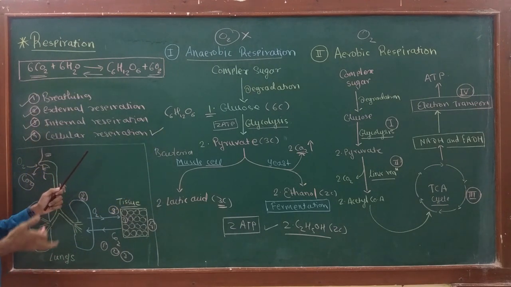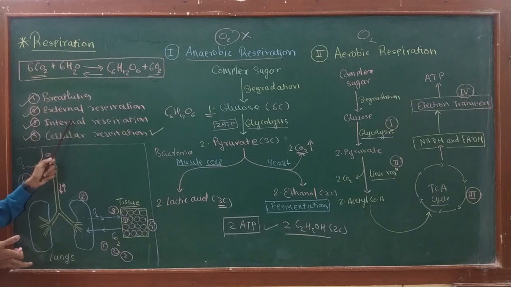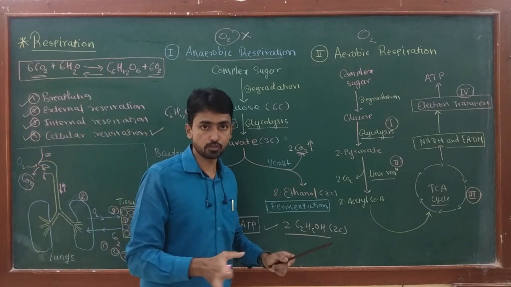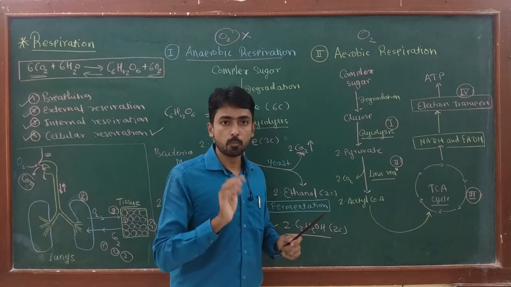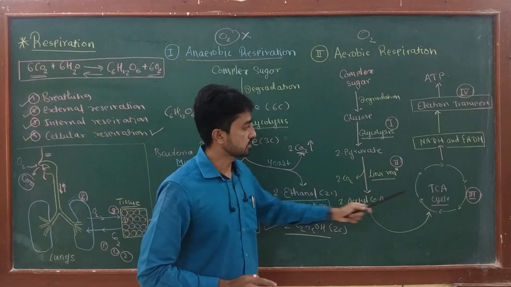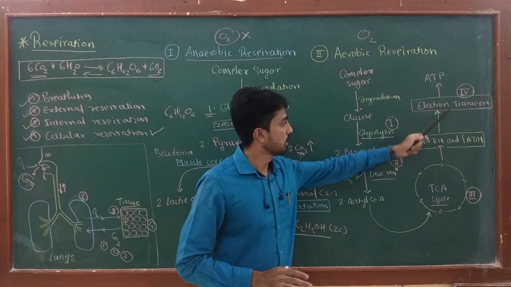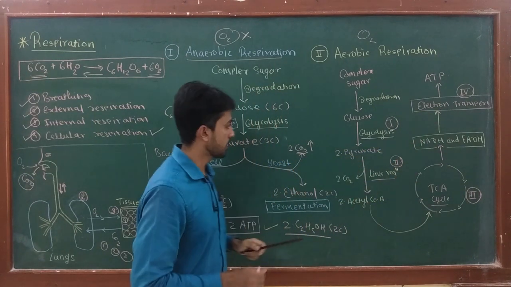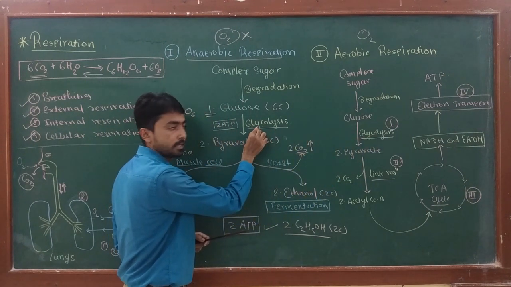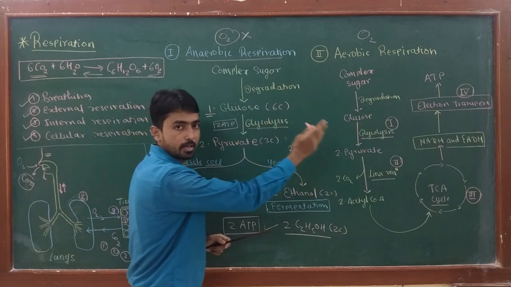I have discussed in detail in a video what is external, internal and cellular respiration. Cellular respiration occurs inside the cell with the help of oxygen, and in cellular respiration 4 distinct stages occur. Number 1 is glycolysis, then link reaction, TCA cycle and electron transport chain. Here you can find glycolysis is common in both anaerobic and aerobic respiration.